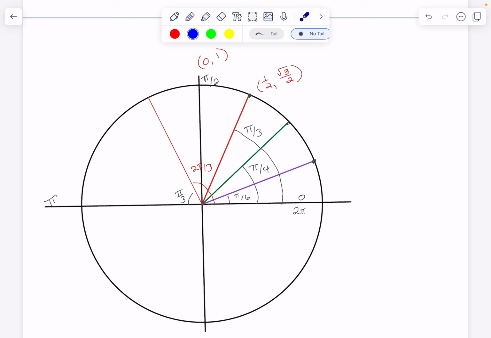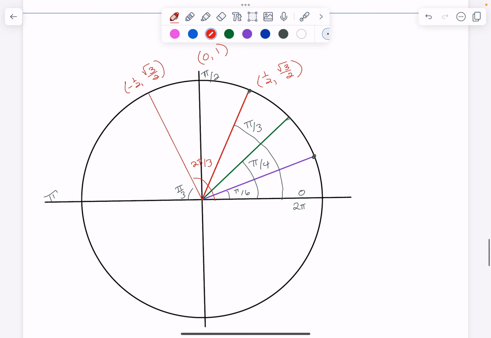The only difference is that my x value is going to be negative when I go into that second quadrant. So what I'm going to have is a negative 1/2 and a root 3 over 2, because my y value is still positive.